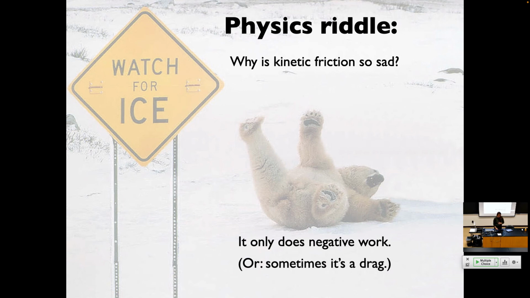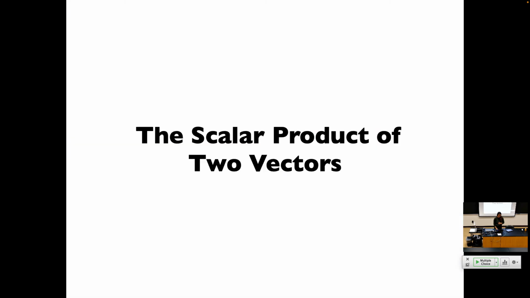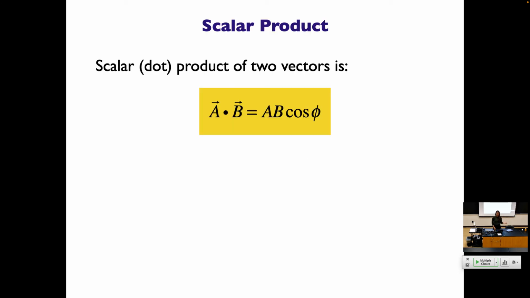All right, so just before we get into the next part, just a little bit of review. We talked about this in the very first week of class, but it's probably fuzzy. So remember, the scalar product of two vectors, also known as the dot product, looks something like this, okay? And what does it tell you about the two vectors? What does it really represent? What's the ideal configuration of two vectors if you want to maximize your dot product?